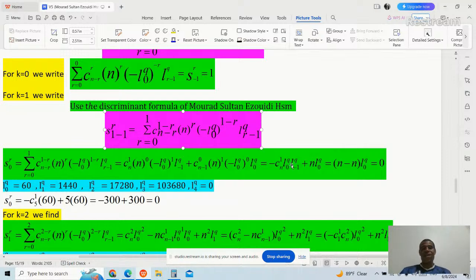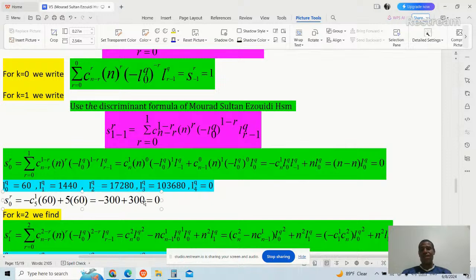Now, learners, we'll go quickly. For the value of S_0, after replacing r with 0 and r with 1, we note there is a common factor, L_0 of order q, which you put outside the brackets like that. Then n minus the combination n choose 1, which is n. So the value of S_0 for any polynomial to the power n is 0.